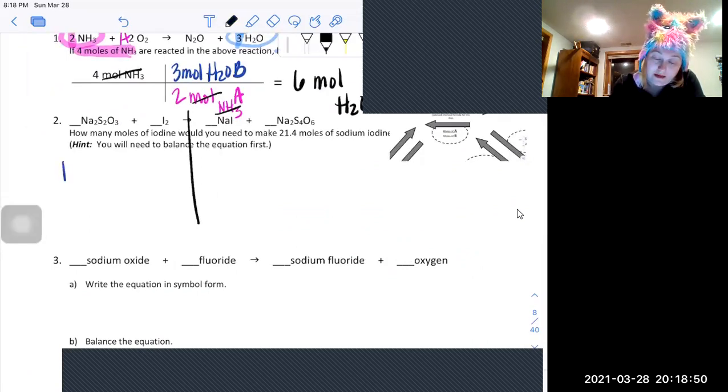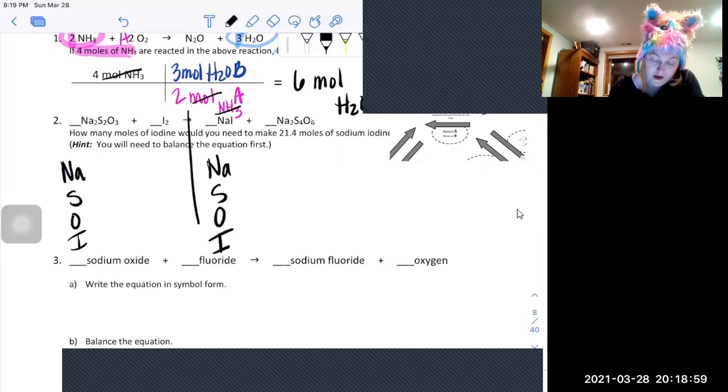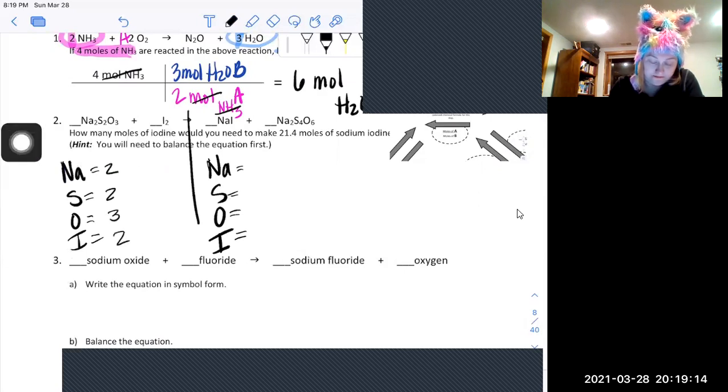All right, so make sure you list all of the elements that you have going on each side. On my reactant side, I have 2 Na's, 2 S's, 3 O's, and 2 I's.